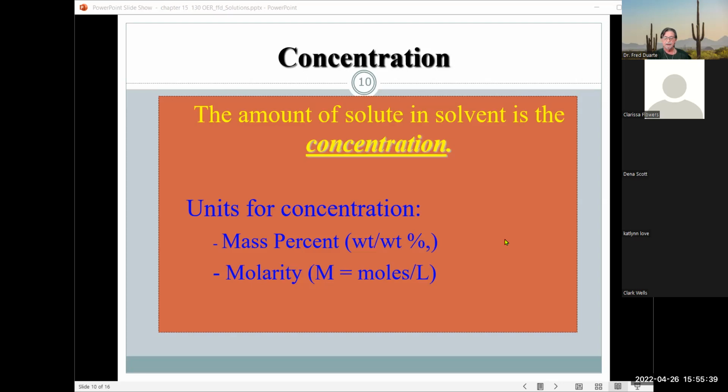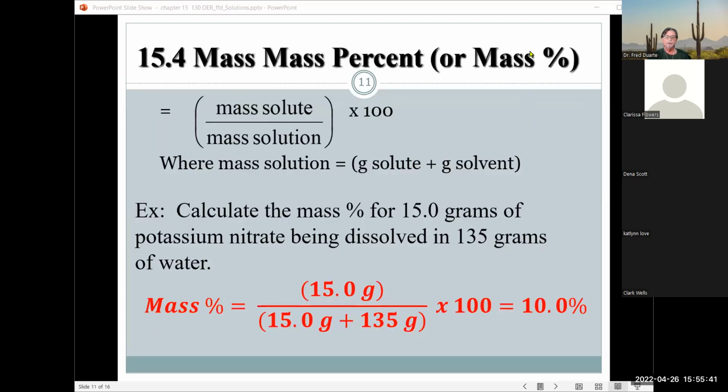Now, mass percent, how that is defined. It is defined as follows. It is defined as the mass of the solute divided by the mass of the solution. Now, the thing that sometimes students forget is the mass of the solution is not only the mass of the solvent, but is the mass of the solute, okay?